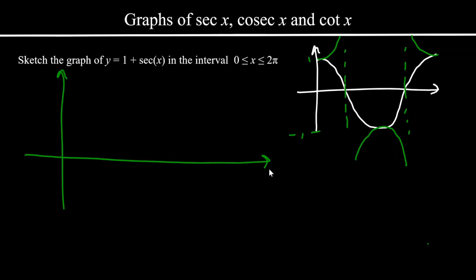So we're going to have our asymptotes at pi over 2 and 3 pi over 2.